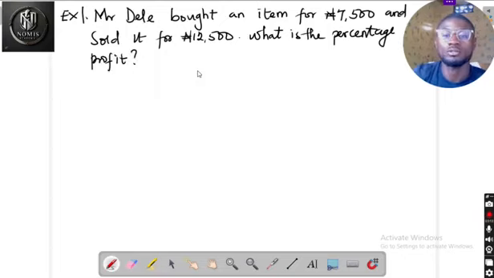So let's get into the solution by applying the formula we've earlier learned. Since we have seen that the selling price is greater than the cost price, we will need to first of all calculate the profit. So the profit is SP minus CP.